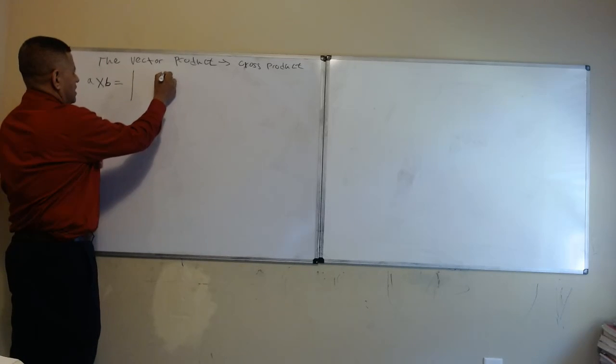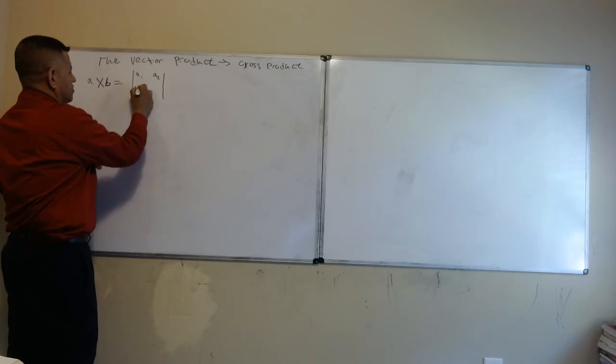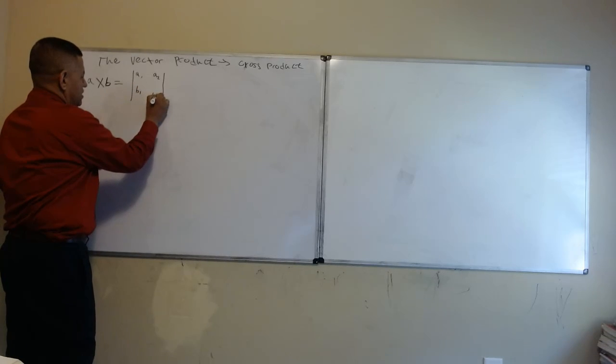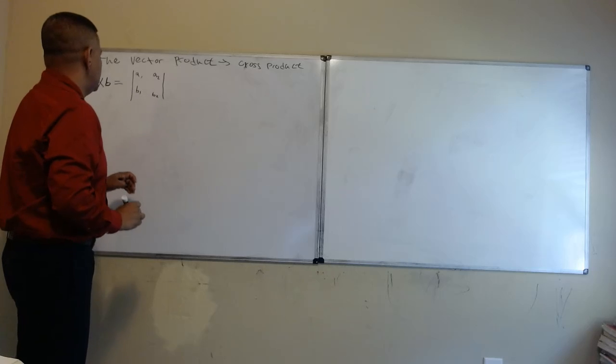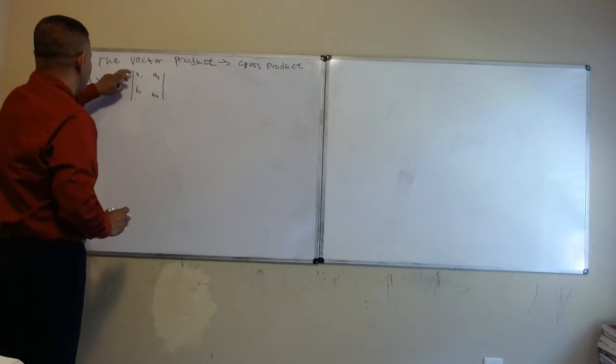It will be like A1, A2, B1, B2, and what I am doing is crossing this.